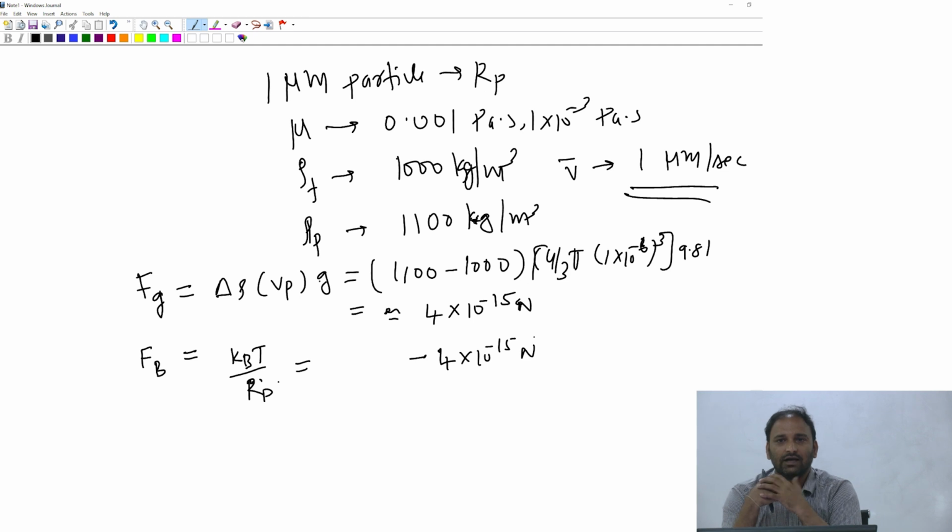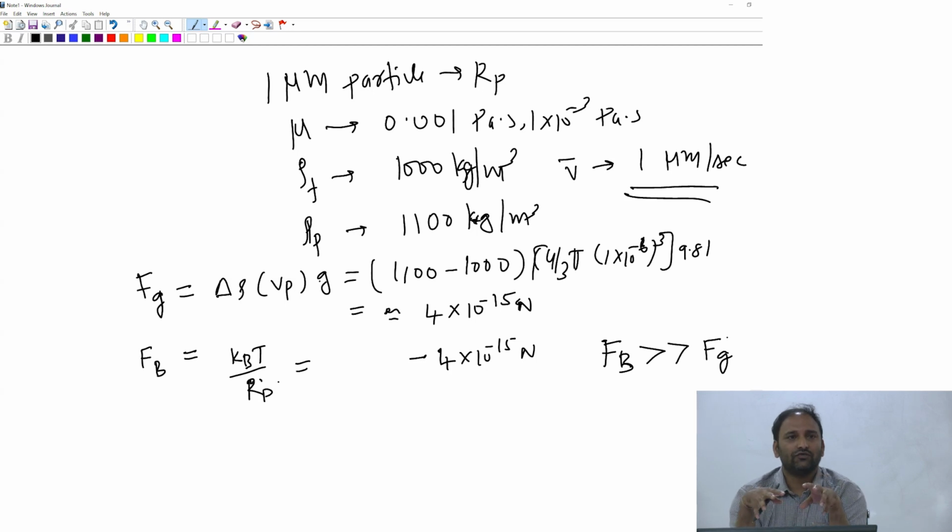If I take, say, a 10 nanometer particle instead of 1 micrometer, you will see that your Fb, the Brownian force, is going to be much greater than the gravitational force.